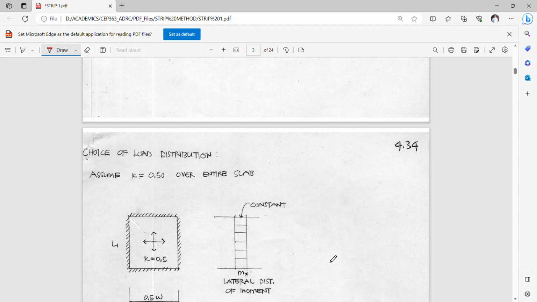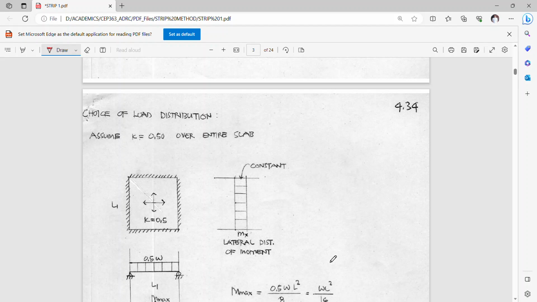So the choice of the load distribution, for example, for a square slab, may be 50% in each direction over the entire slab.